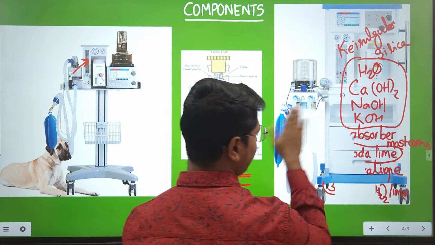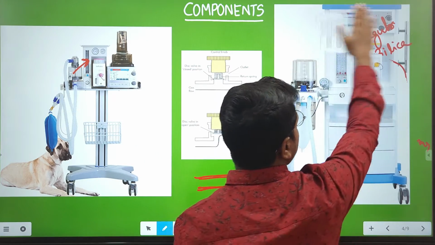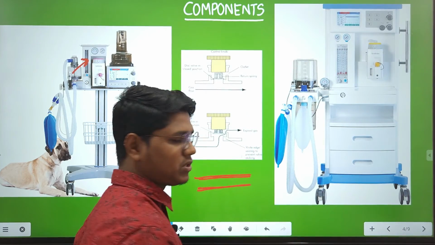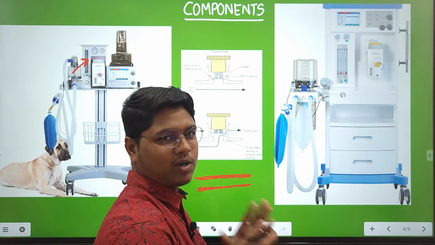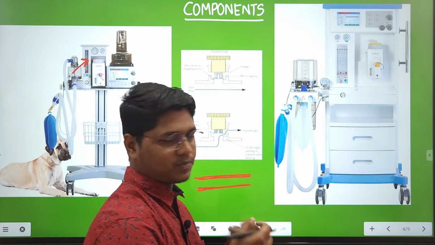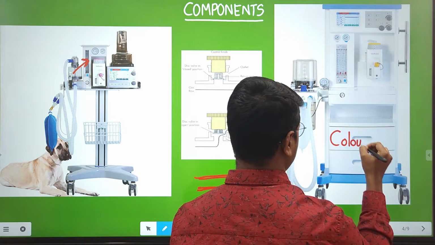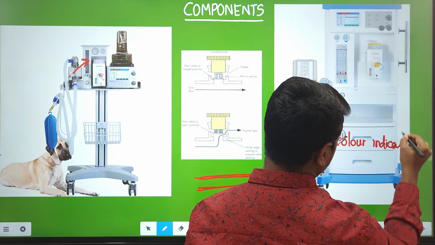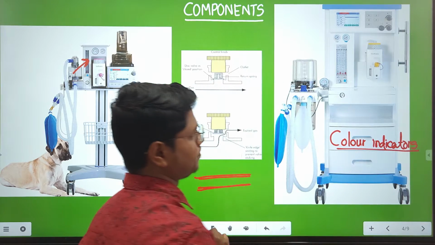Okay, so when will you know that it is time to change this soda lime? After a certain period, the soda lime will not have the capacity to absorb further CO2. Usually you will find color indicators, but these color indicators are usually not reliable.